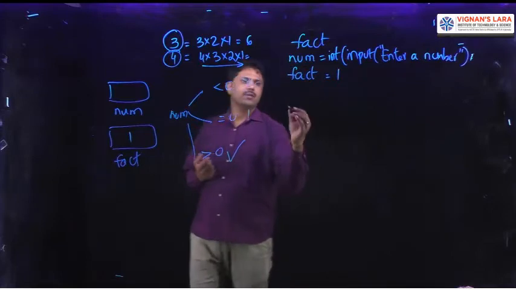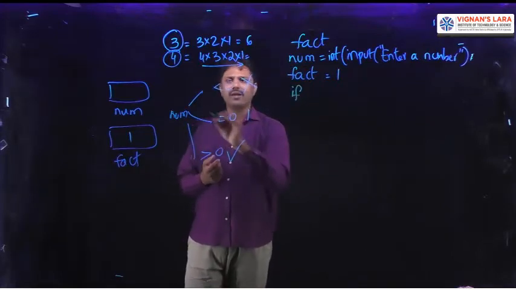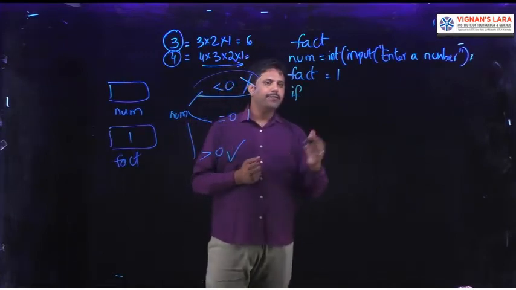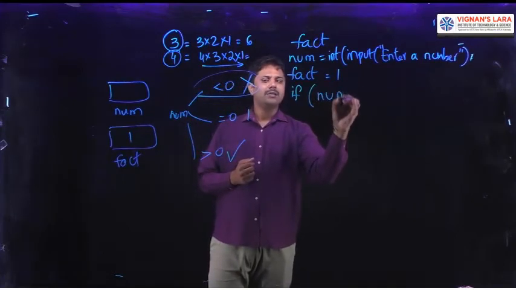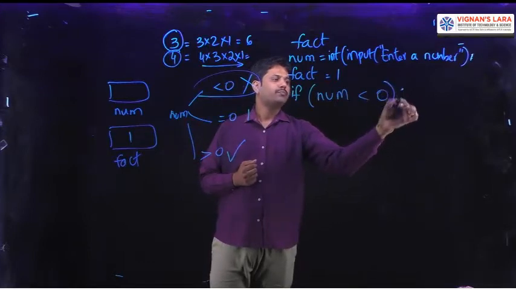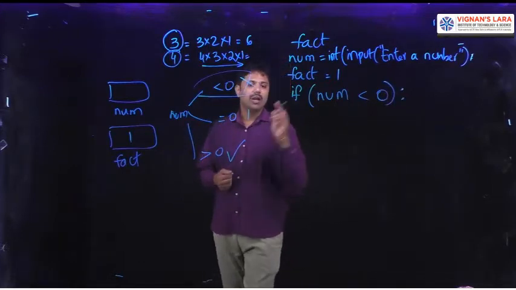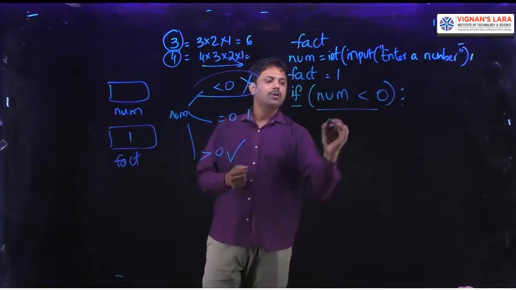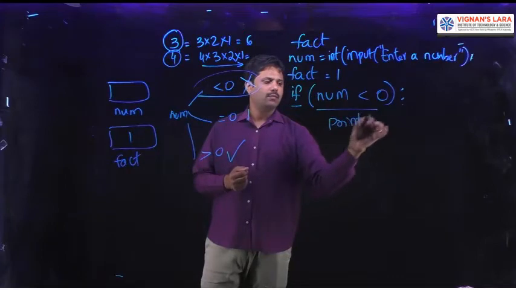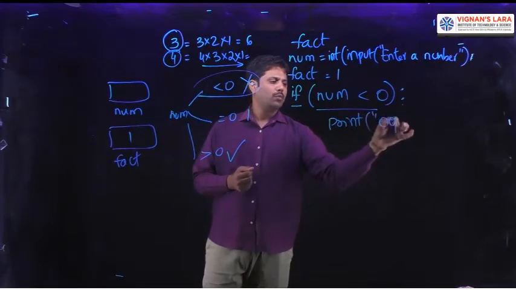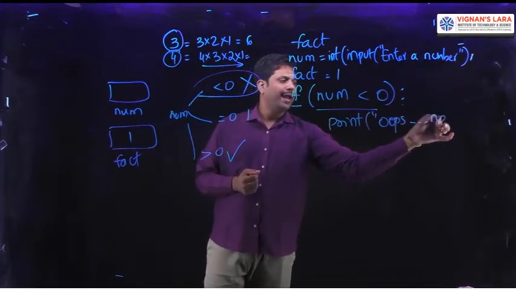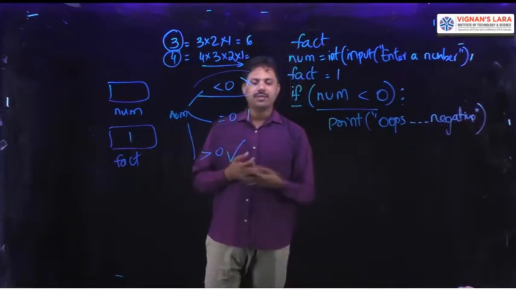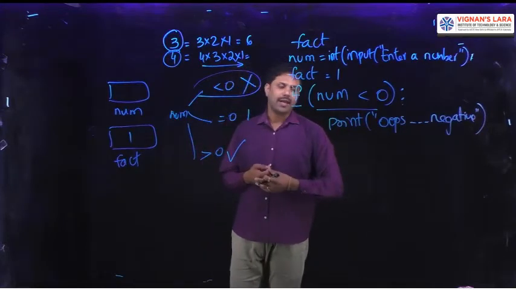Let us write these three conditions by using if statements. If num is less than 0, let us observe the syntax: if, then the condition, and a colon for indentation. So print "negative number", because there is no factorial for negative numbers.